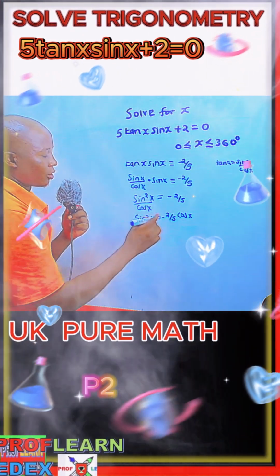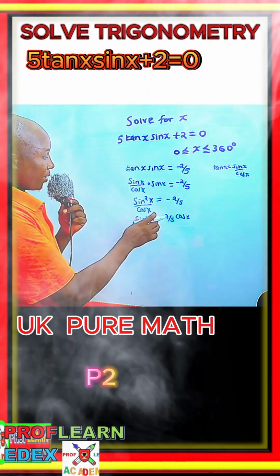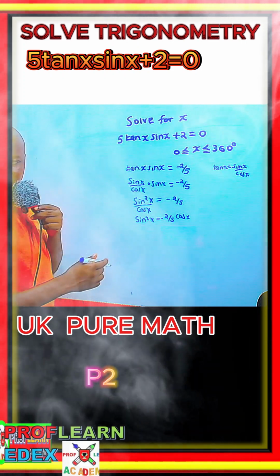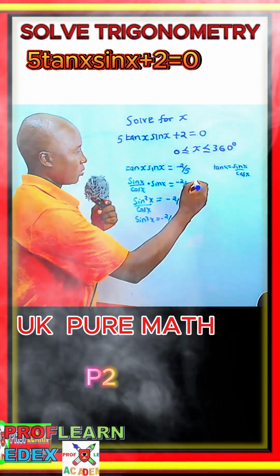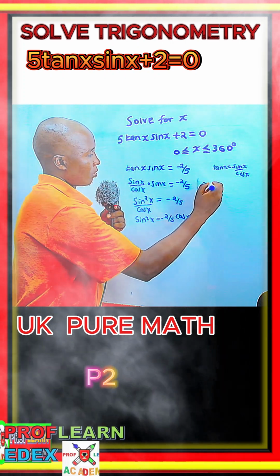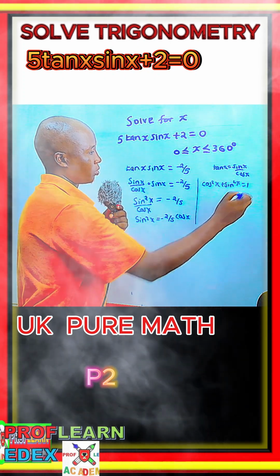cos x. So there's no way we can work out this question this way when we have sine and cosine. So we can convert this into cosine. So what are we going to do? You need to remember that cos squared x plus sine squared x is equal to 1.